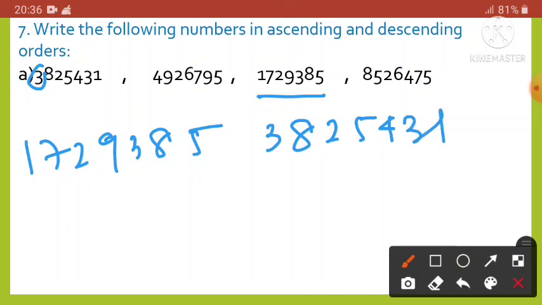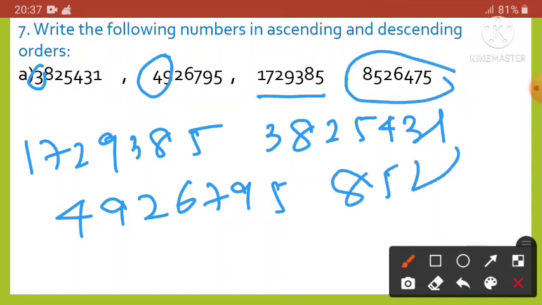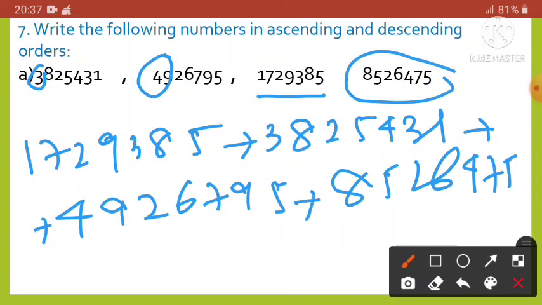Next smallest number will be, here it is 4, so 4926795, and next or the largest number will be 8526475. Okay, you have to write the arrow like that way. Write it in one sentence.